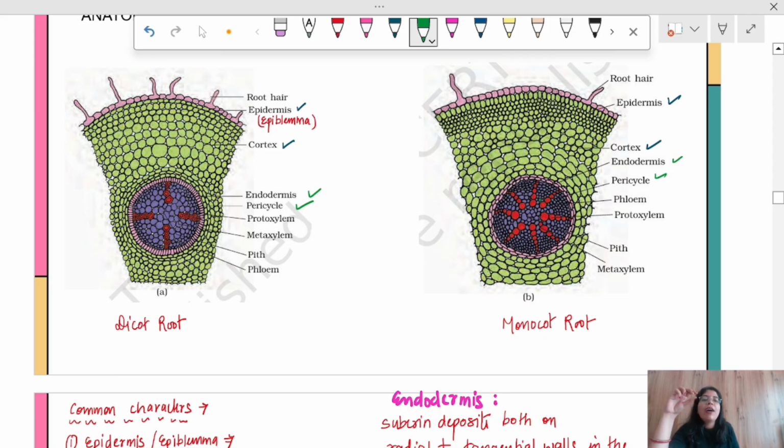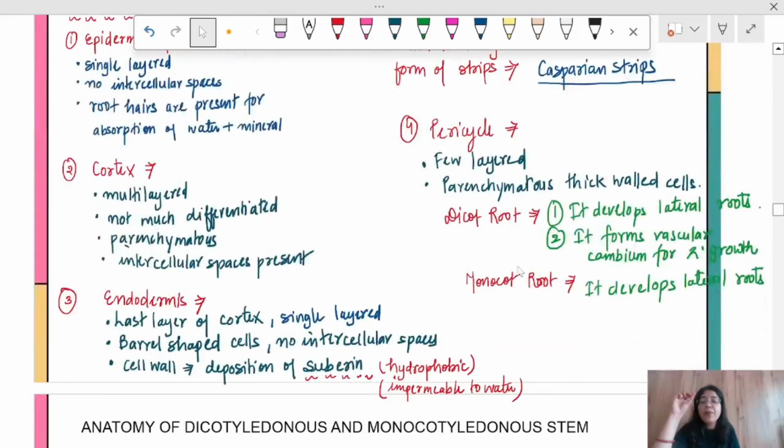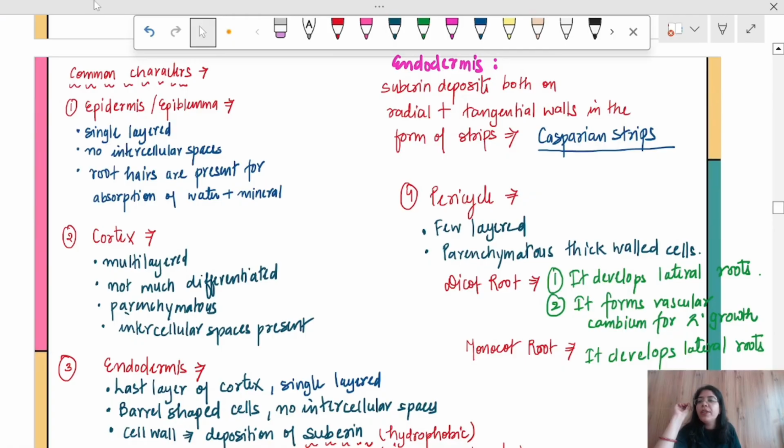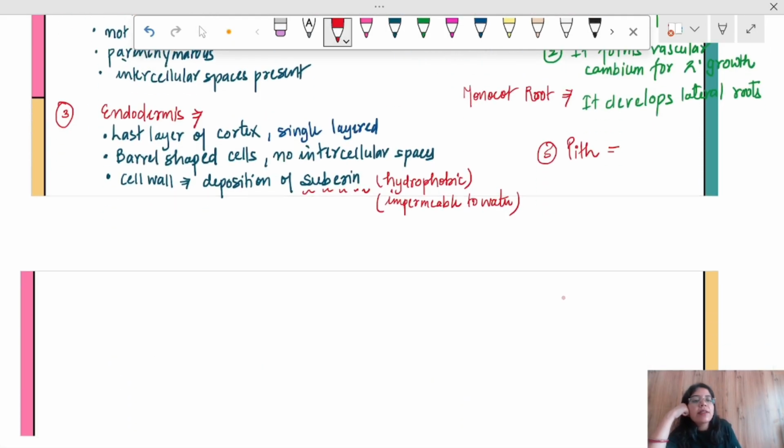After this, you have pith. One more layer is there which is called pith. Pith also has characteristic difference. Pith, you have to remember, it is the last layer, parenchymatous.